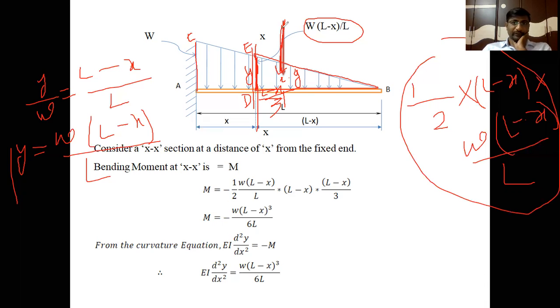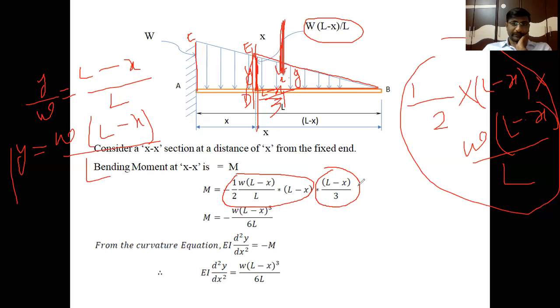Therefore, the moment developed by this load at this section is load into perpendicular distance. So I have written here 1 by 2 W into L minus X by L into L minus X. This is the load, and this is the perpendicular distance from the section, so L minus X by 3.